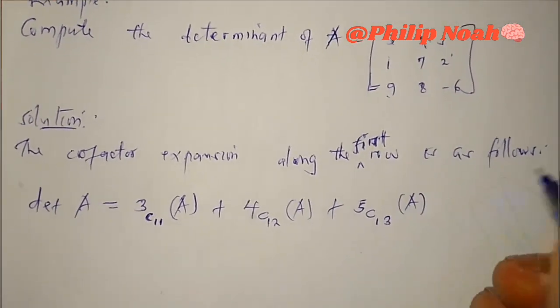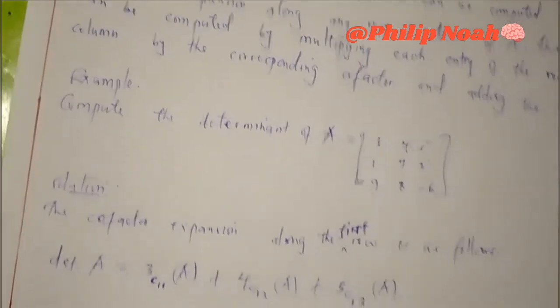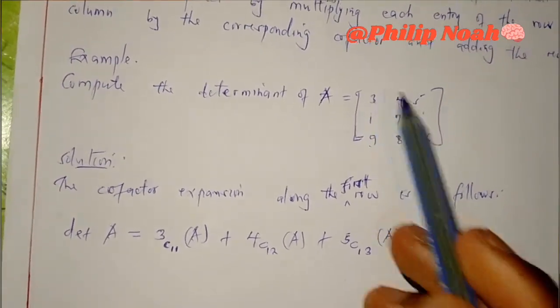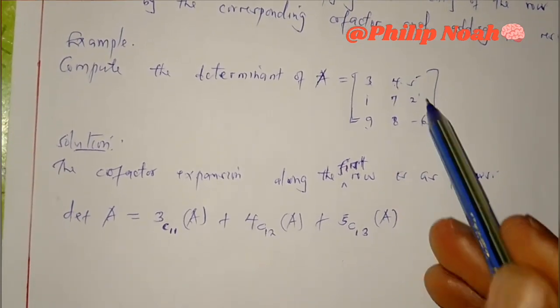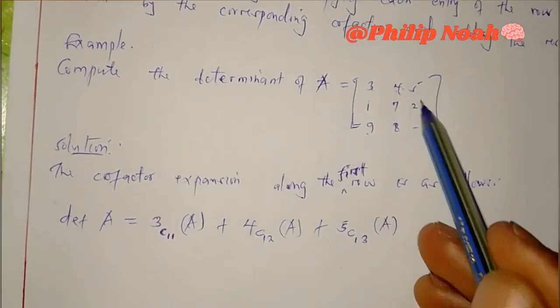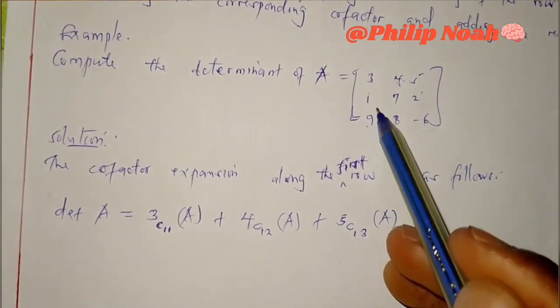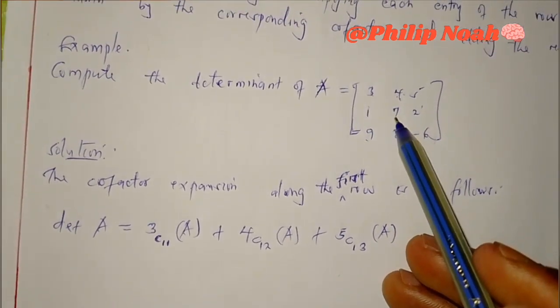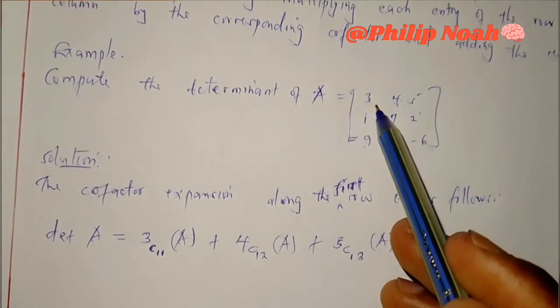So this is what happens. We take this 3, we multiply by this. Note this is not included. Anything under 3 is not included in that multiplication where 3 is used as a multiplying factor.